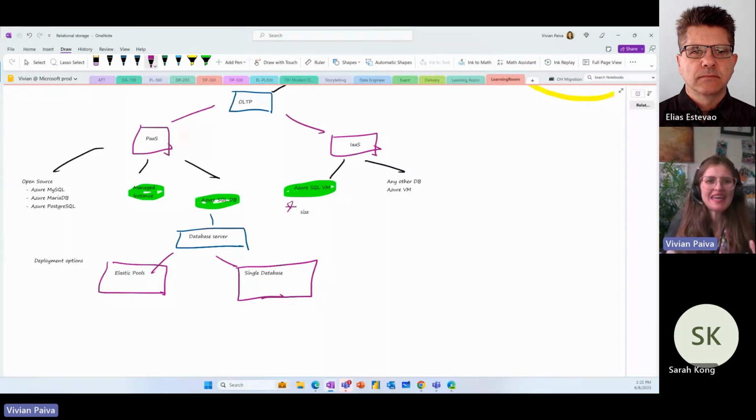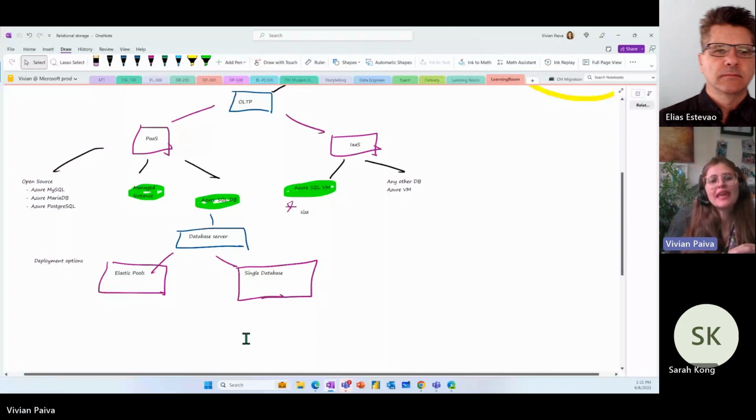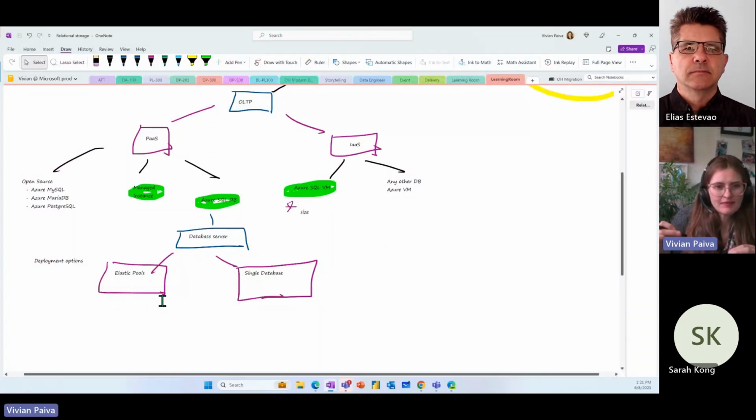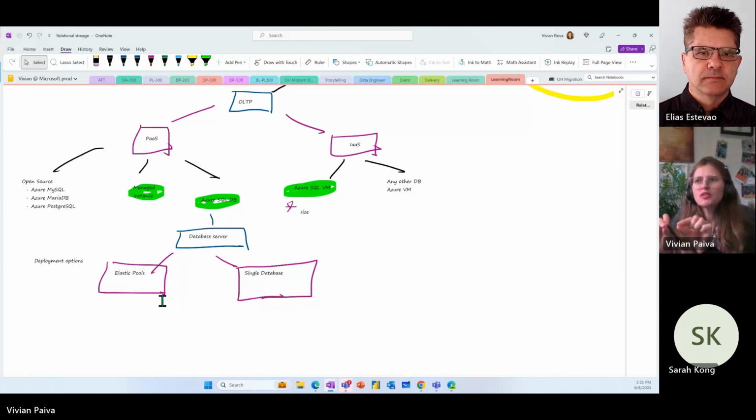Elastic pool is a pool of resources, so we allocate resources for the pool, and we can add databases that are going to share those resources. So it enables multiple databases to share resources within that pool.